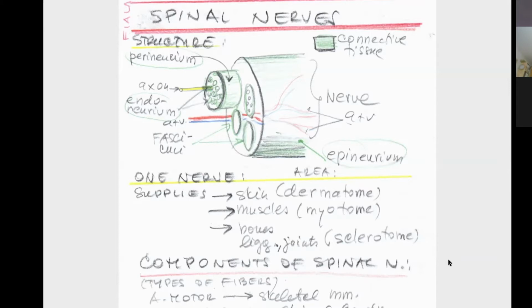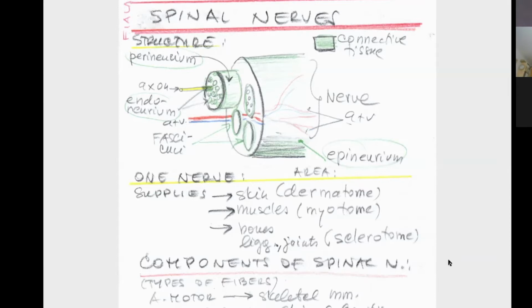So now look please at the left side to the axon. Axon in light yellow color is surrounded by a thin layer of the connective tissue called endoneurium, below the axon. And then the fasciculi are covered by the perineurium. And finally, the whole nerve is covered by the epineurium on the right side of the diagram.